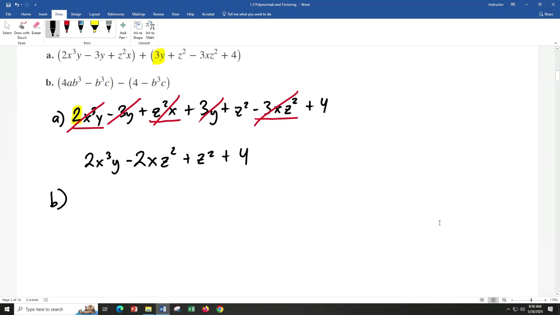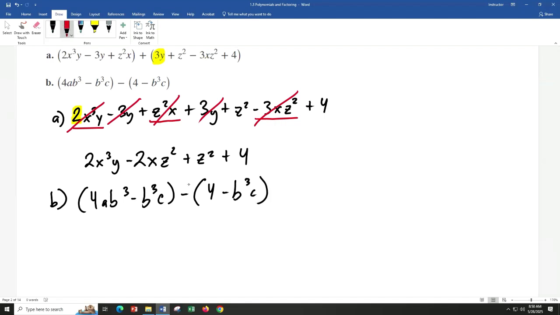Can you just drop the parentheses? To distribute the negative in. Yeah, distribute that negative. You got to take this negative here. I'll rewrite it down here. You've got 4ab cubed minus b cubed c minus 4 minus b cubed c. And she's exactly correct. This is a negative.